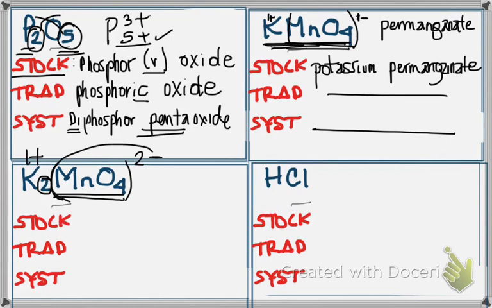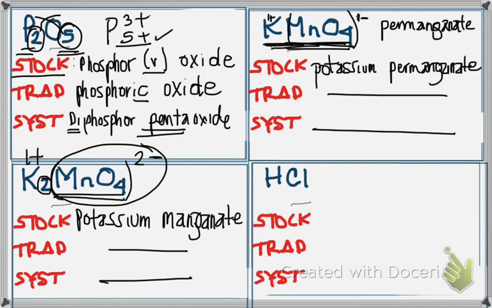You can look for this one on your periodic table and you will find on the list that this is called manganate. So there is no traditional for this, there is no systematic. The stock name for this will be potassium manganate, okay?